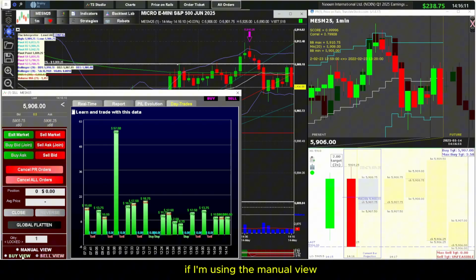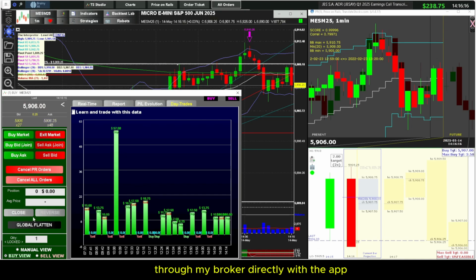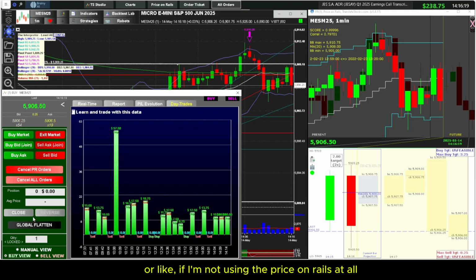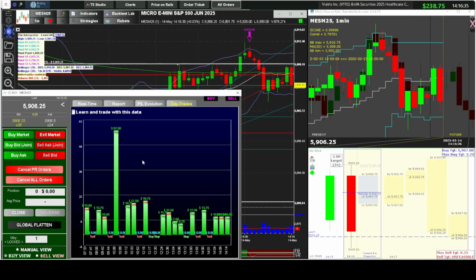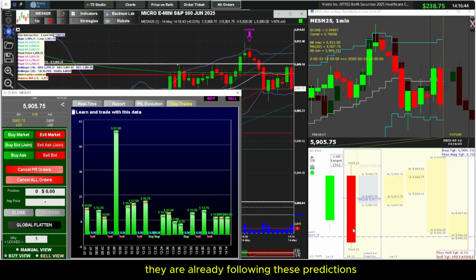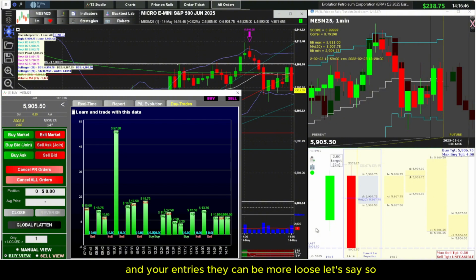If I'm using the manual view, or if I'm chart trading, or trading through my broker directly with the app, or I'm not using the price on rails at all, I don't have these technicalities applied to my trade. But if I am using the agent mode, the copilot, or the vibe trading, or whatever name you want to give to this, your exits are already following these predictions. And your entries can be more loose, let's say so.